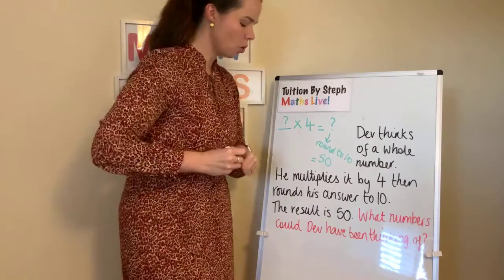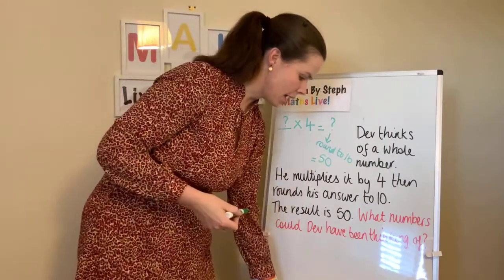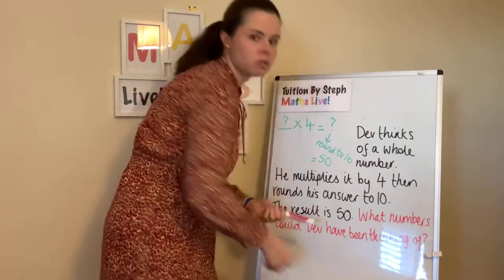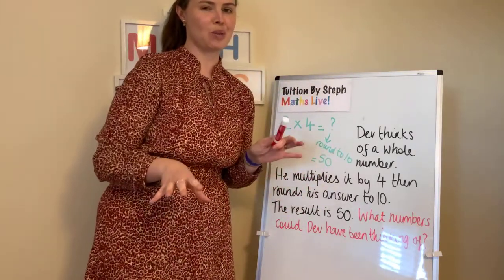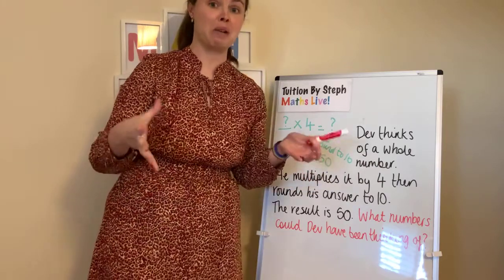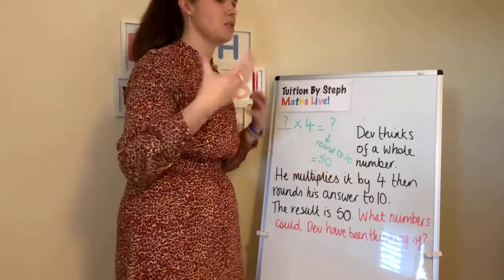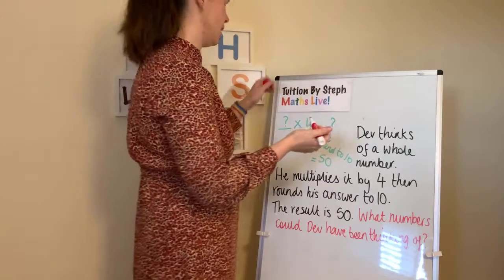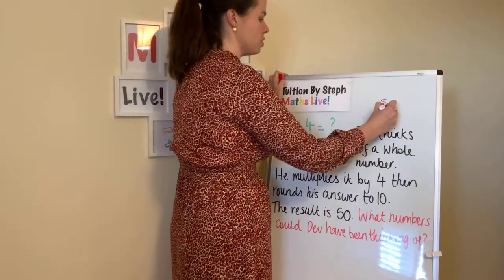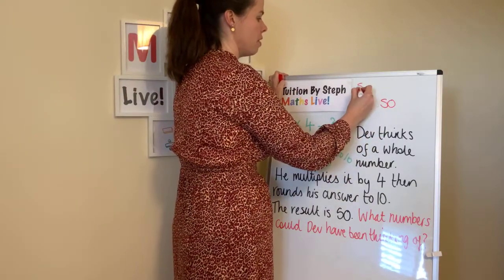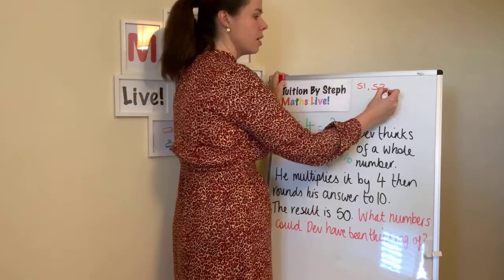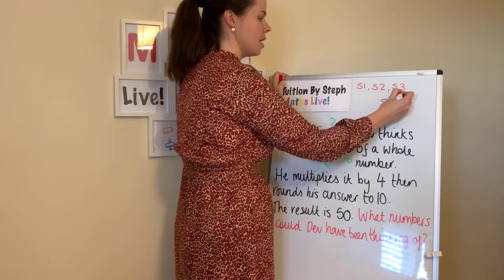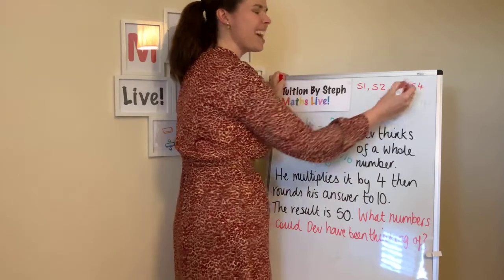First of all, what I would start with is thinking which numbers round to 50. And I know this is strange that we're doing something at the start of the lesson which is about rounding to 10, but I thought it was a really good brainstorming way of introducing it. So the numbers which round to 50 are 51, 52, 53 and 54. But is that it?